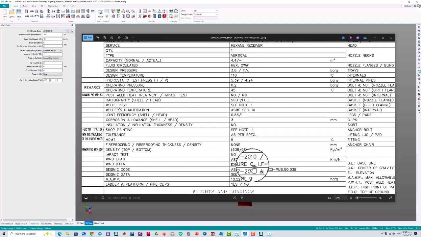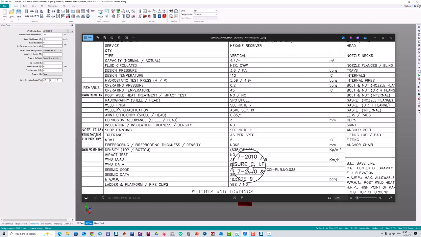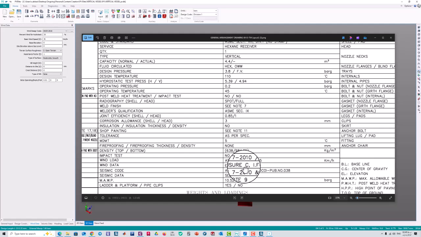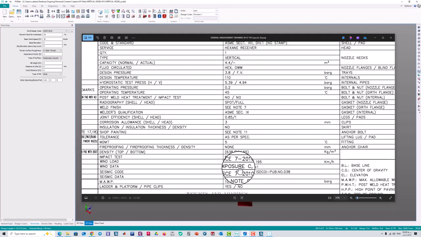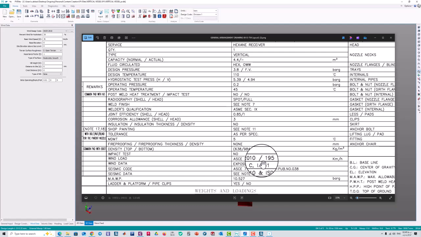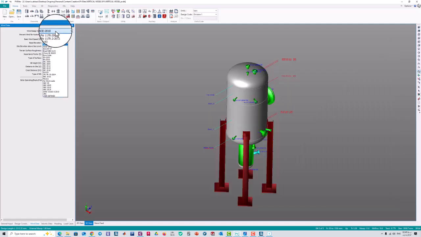And the wind standard is ASCE 7 2010, which is already selected.